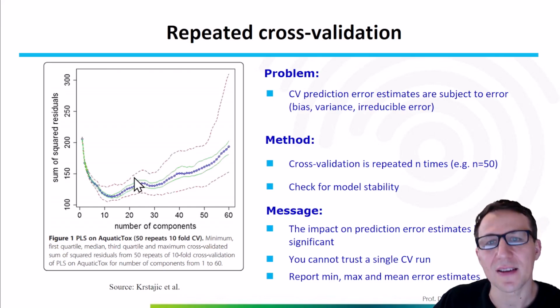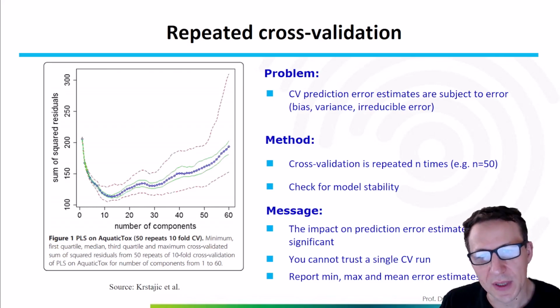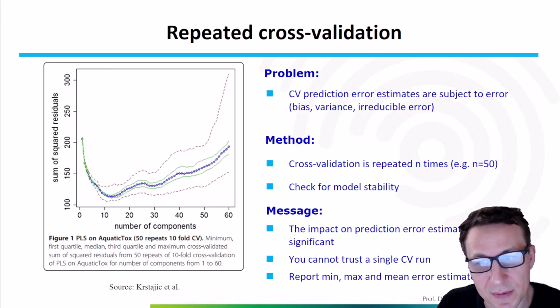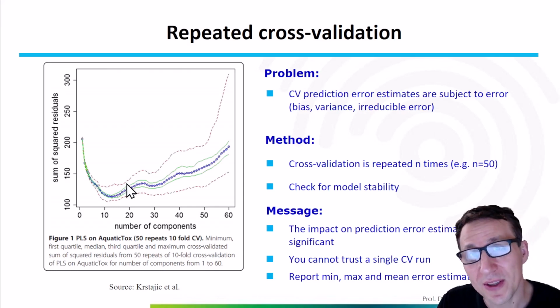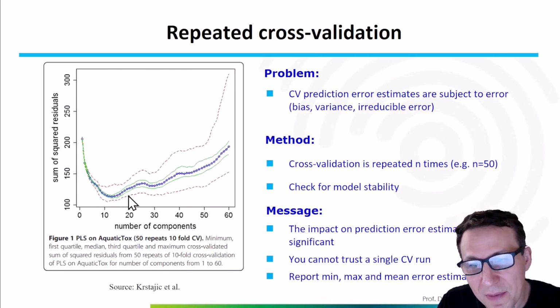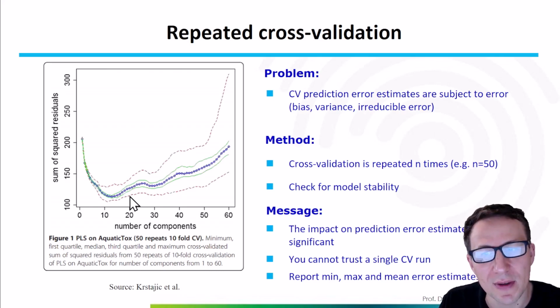So you see that as you randomize the data into your folds, there might be some good randomizations and there might be some bad randomizations. And when you only do one cross-validation run, then you might end up with this minimum here, or you end up with this maximum here.